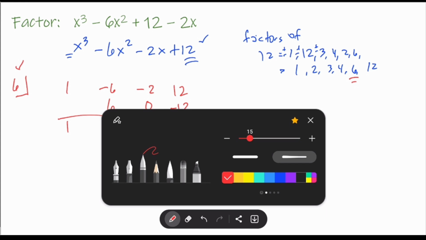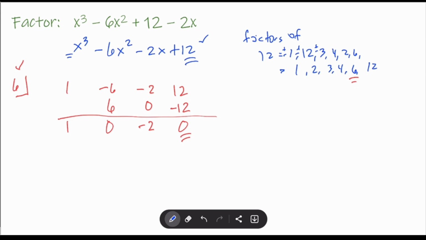So that means one of the factors of this is x minus 6. So if this is positive, you're going to put here minus. It's like you're putting the opposite. So if that is minus 6, then you put x plus 6.